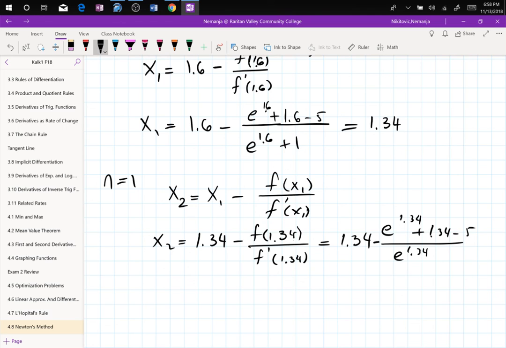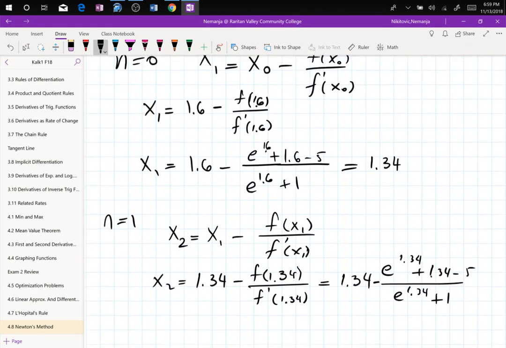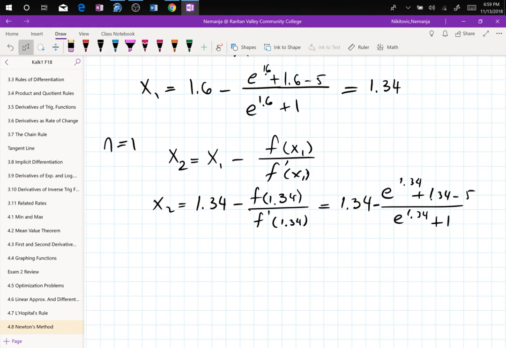Well, what's going to happen? Well, you know which precision you want, because this thing gives you a lot of decimals. And then as you go on with this calculation, after n equals 10, 15, 16, 17, what happens is that the digits start being pinned. So you see that we went from 1.6 down to 1.34, right?